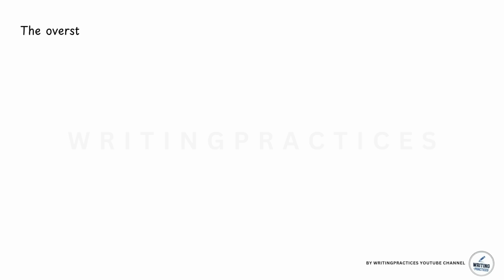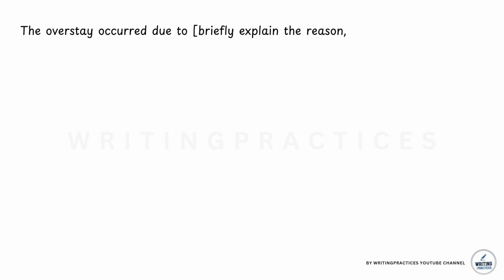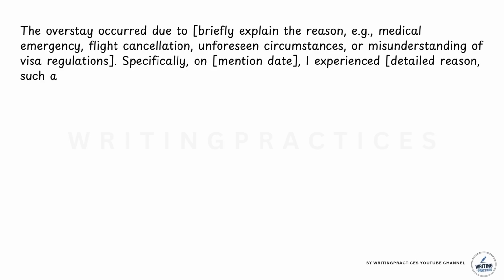Explaining the reason for the overstay. The next paragraph should clearly explain the reason for your overstay. Be honest and provide specific details while keeping your explanation concise. Common reasons include a medical emergency, a flight cancellation, unforeseen circumstances such as a family emergency, or a misunderstanding of visa regulations.